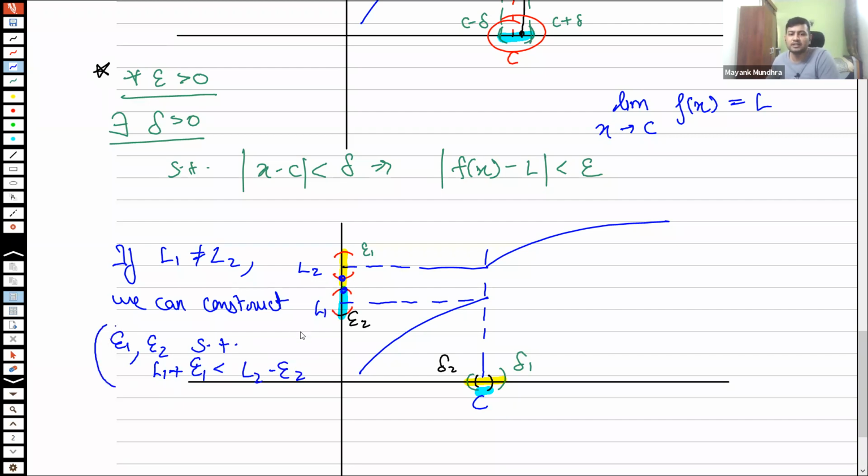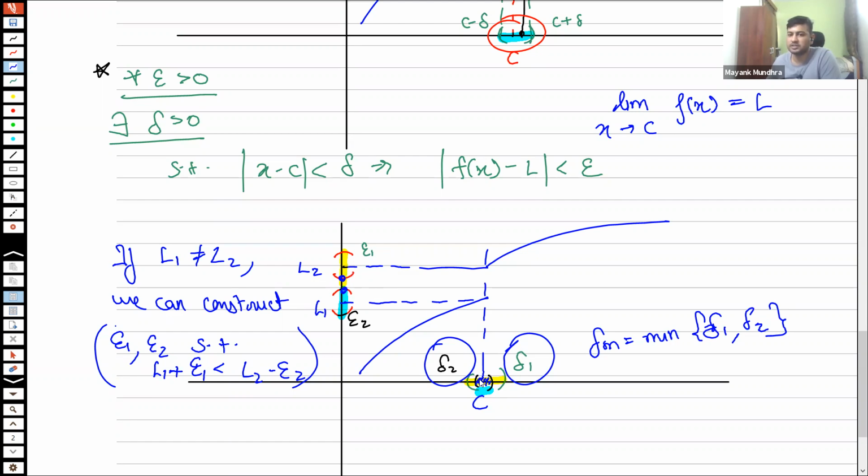So if L1 and L2 are not equal, we can take specifically small values of epsilon 1 and epsilon 2 such that these two bands, the yellow and blue bands on the y-axis, do not intersect. And then for delta, which is the minimum of these two deltas, so here it's the black one, which is delta 2, all points here should be going here as well as here, because that's what the definition says.